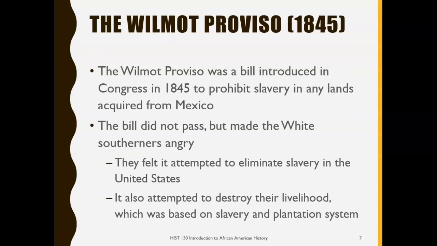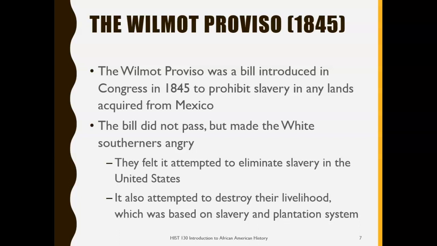So let's discuss all of these underlying causes of a civil war. And we will start with the Wilmot Proviso, which was one of the major issues that triggered the hostility between the political leaders in the North and those in the South.